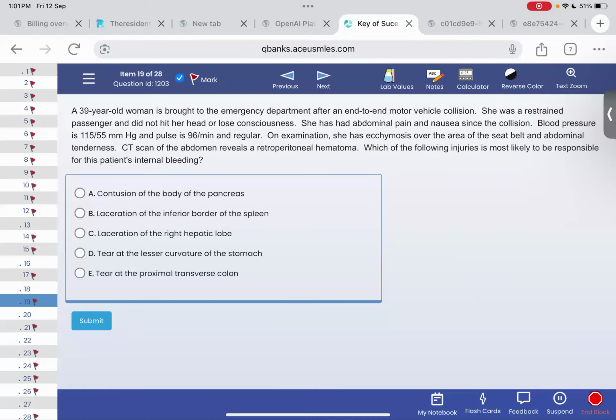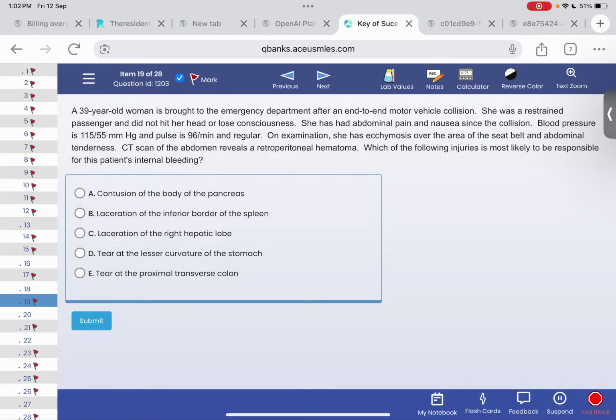On examination, she has ecchymosis over the area of the seat belt and abdominal tenderness. CT scan of the abdomen reveals a retroperitoneal hematoma.